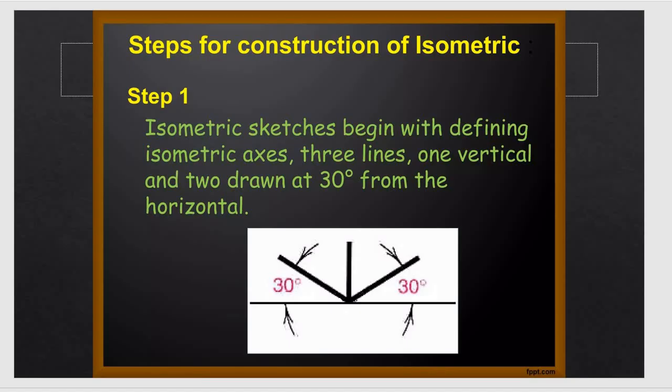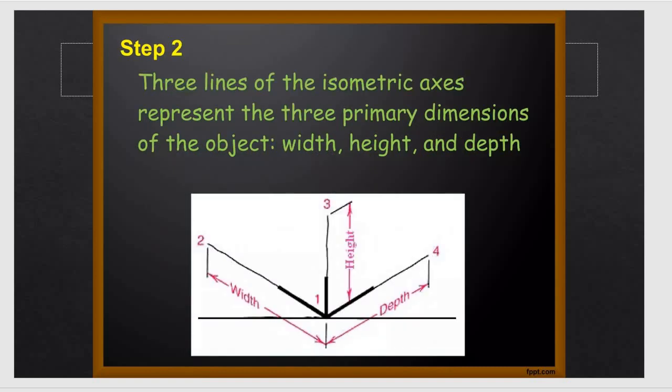It has many steps. In the first step, we draw the 30 degree angle on both sides. The isometric sketch begins with the isometric axes: three lines, one vertical and two drawn at 30 degrees from the horizontal line.